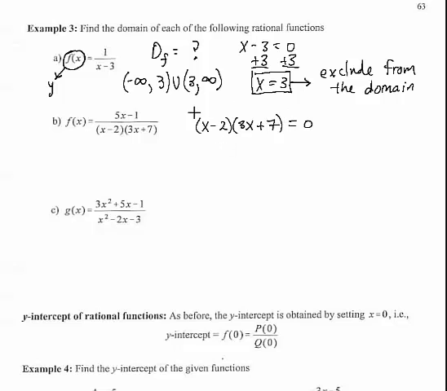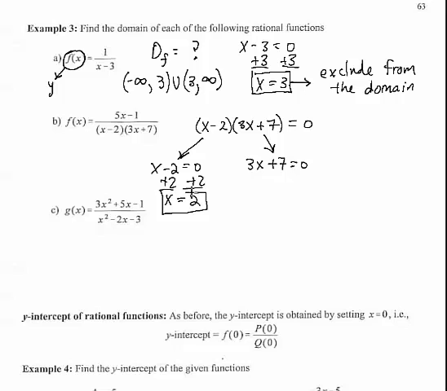So when I take the polynomial and set it equal to 0, this is going to break up into two separate equations, to where if x minus 2 is 0, then we'd have 0 times whatever number this became, and we'd end up with a 0 in the denominator. We don't want that. Or we could have 3x plus 7 equals 0, and we get the same result. So two more simple equations.